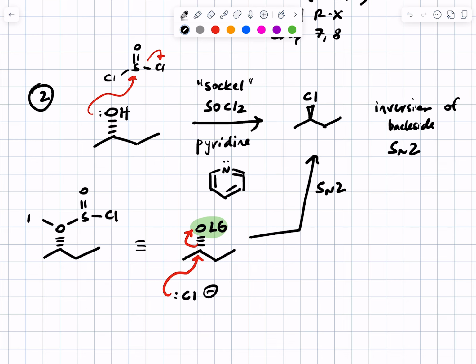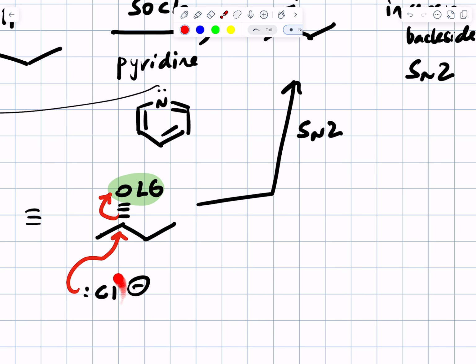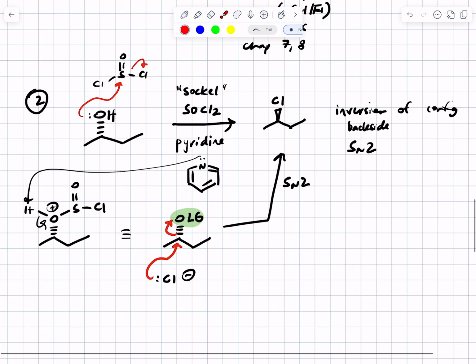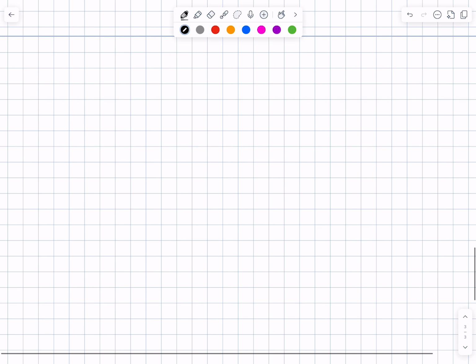That would give you an intermediate that looks like this. Pyridine then removes that proton, which gives you what I drew you, and then that's the good leaving group. So all of those are details if you want to delve into them. They're in your text, feel free, but they're not details that I'm going to ask you about. But you must know that the nucleophile attacks the leaving group from behind in SN2. Okay. Now, let's give you an interesting conundrum.